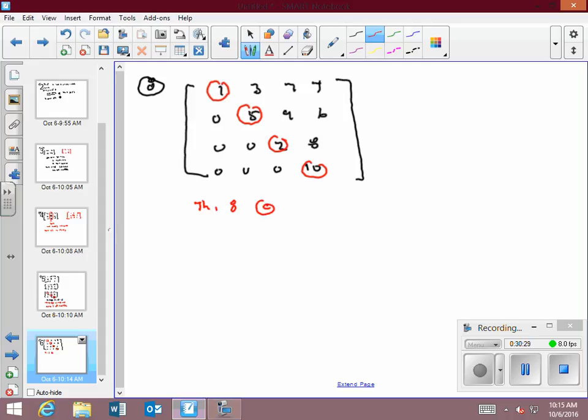Then that implies theorem 8A is true: the matrix is invertible.